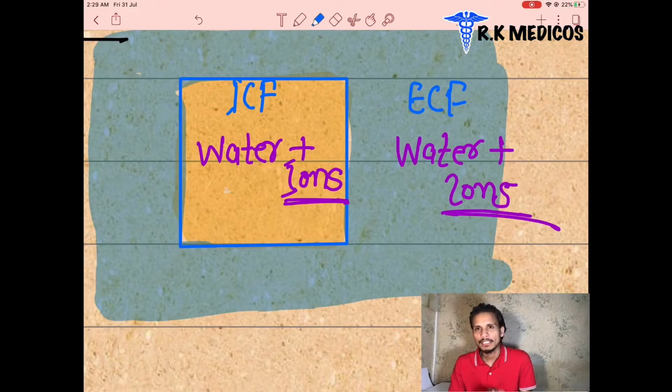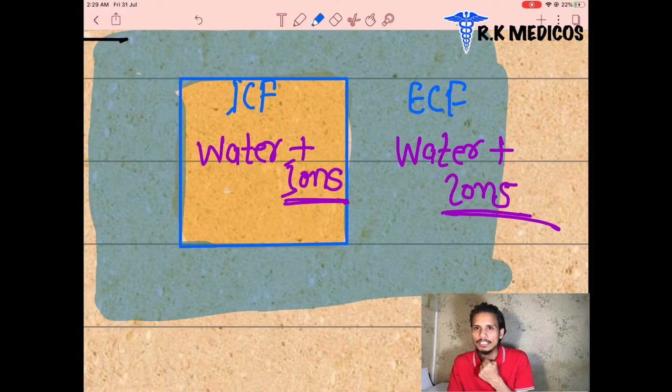Now you tell me, which cation, meaning positively charged element, is present inside the cell in higher amount? Of course it is potassium. What is the positive ion present outside the cell? That is sodium. You know this from the fifth part of general physiology.